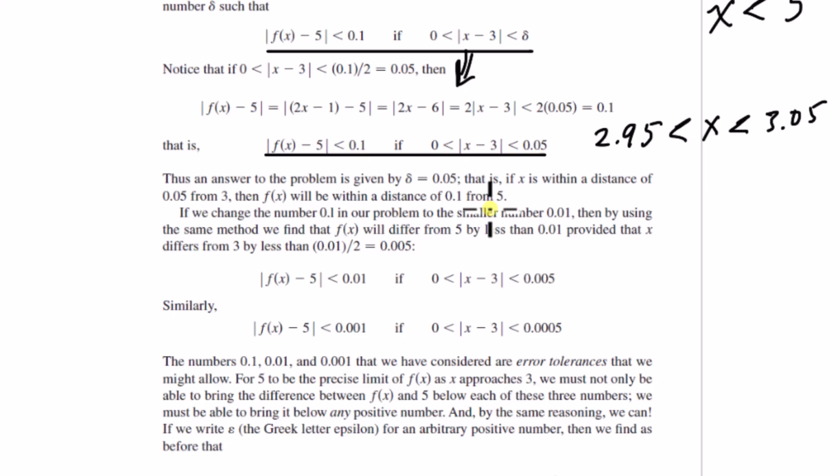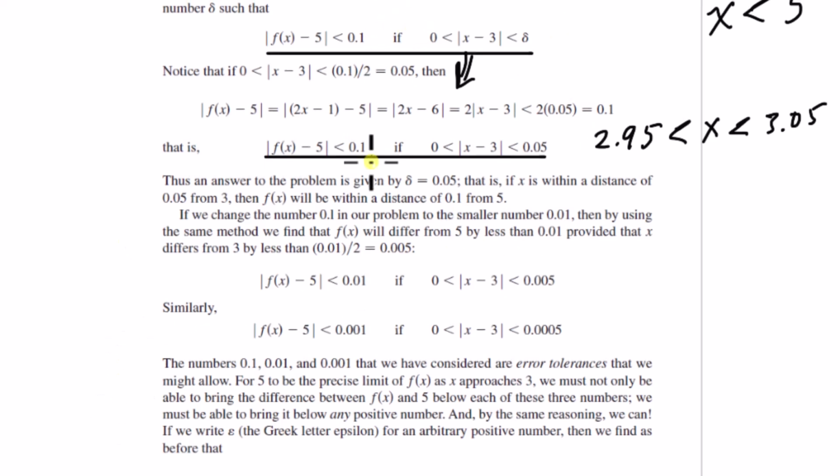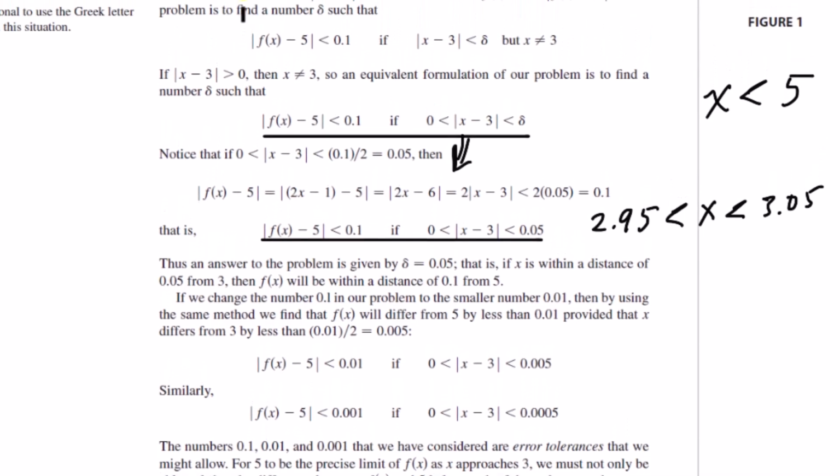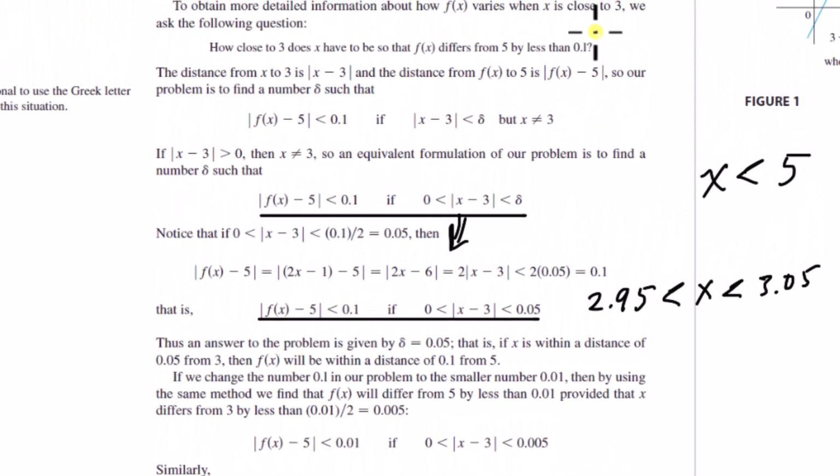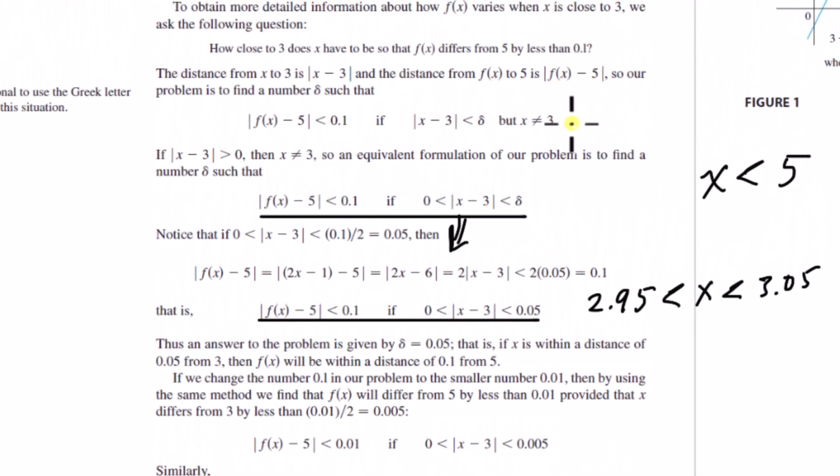And there you go. Okay, now what it talks about next is that if you think about it, we could have changed this question here. We could have specified a smaller number. So you could have specified that the distance of f of x from 5 needs to be within 0.01.